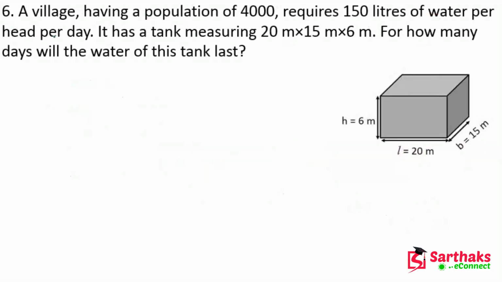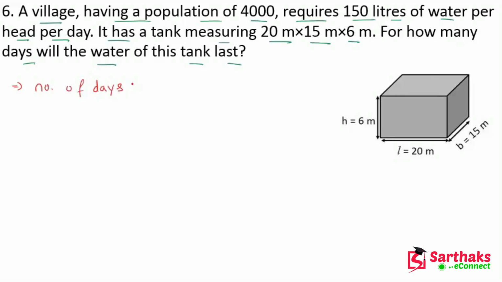The next question: a village having a population of 4,000 requires 150 liters of water per head per day. It has a tank measuring 25 meter into 15 meter into 6 meter, which is the dimension of the tank. Now, for how many days will the water of this tank last? Means in how many days the water of this tank will be empty.